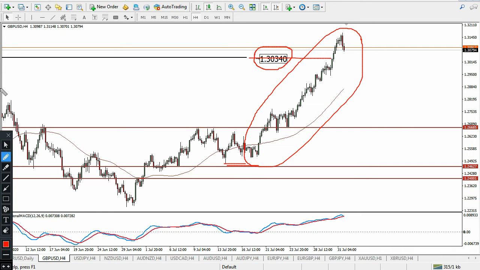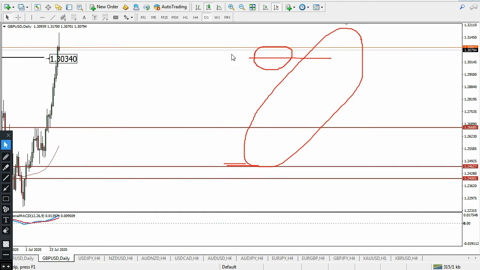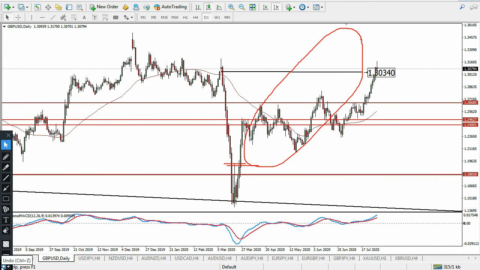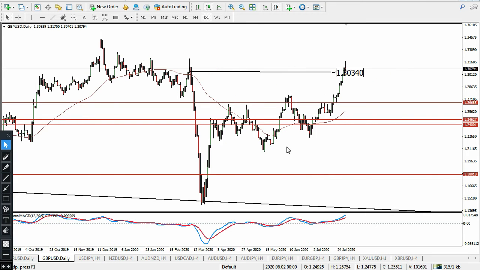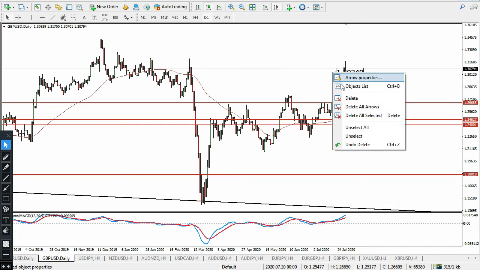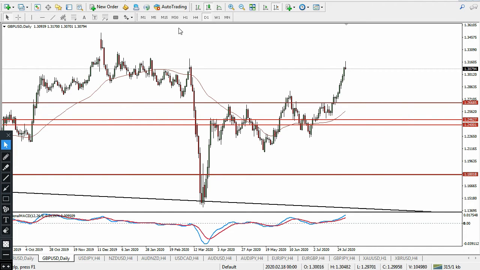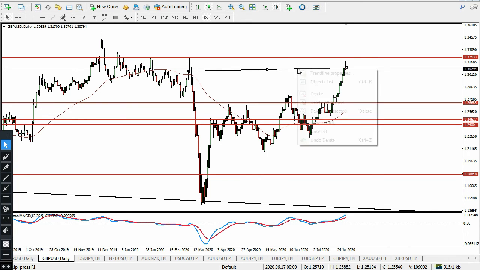The next move of Pound USD: I'll take you to the daily time frame for the detailed analysis. This is the daily time frame of Pound USD. After hitting our target, price closed in a strong resistance zone.